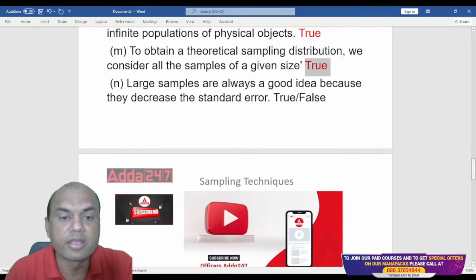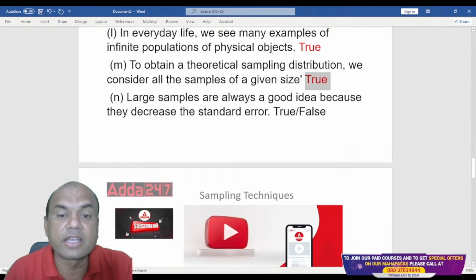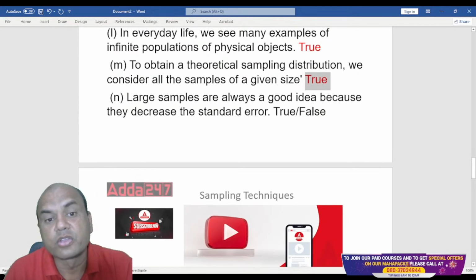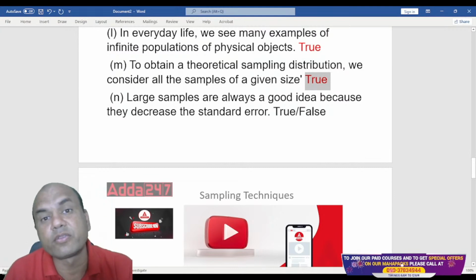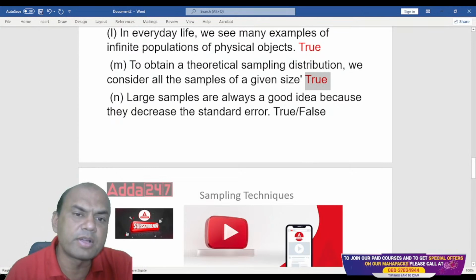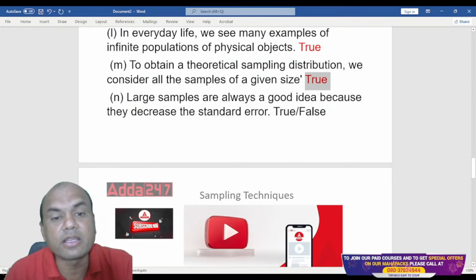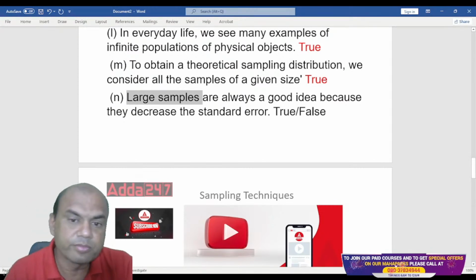Let me see how many of you have answered this. Next one. Larger samples are always a good idea because they decrease the standard error. If I have larger samples, will it decrease my standard error? Yes, they will. Just now we saw in one of the above questions that as the sample size increases, the standard error decreases. So does it mean I must always go for larger samples? Is it true?